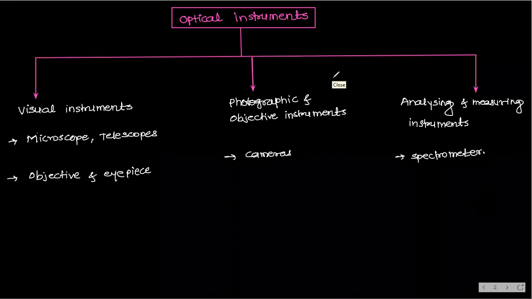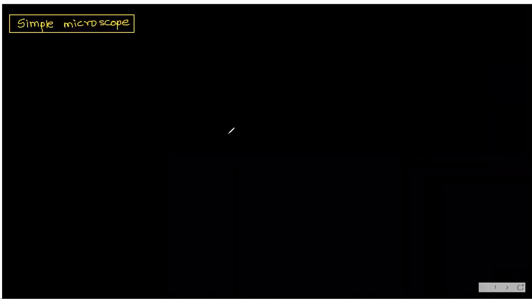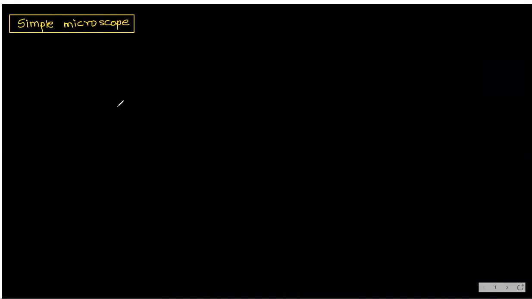Understood? Clear? So let's start how it is. First of all, it consists of one convex lens.